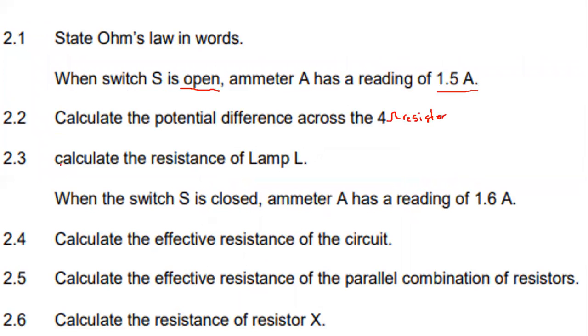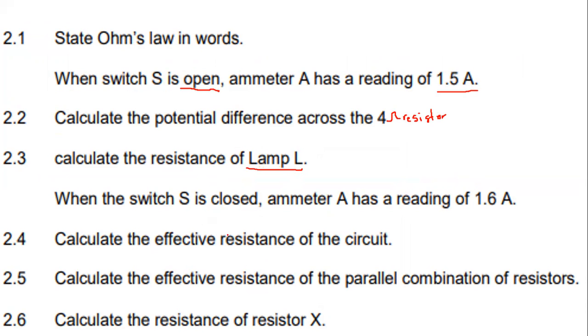Then we must calculate the resistance of lamp L. Remember, a lamp is actually a light bulb and it has a resistance because of the filament that is in the bulb.